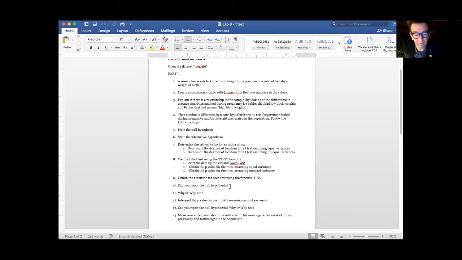See if really the number of cigarettes is related to birth weight in the population. All right, so that's what we're going to do.